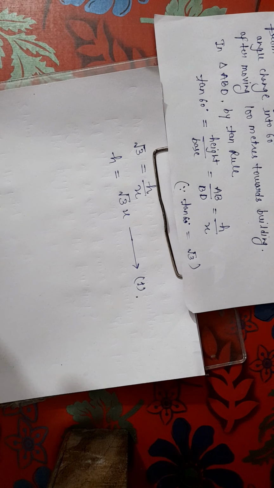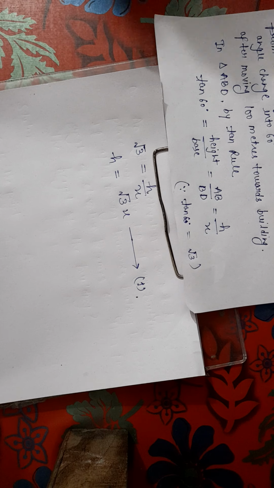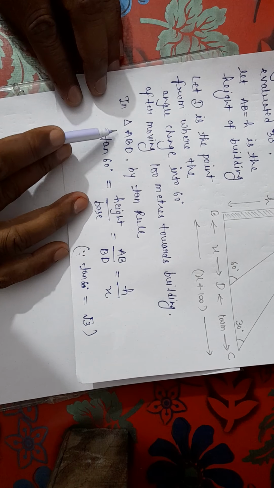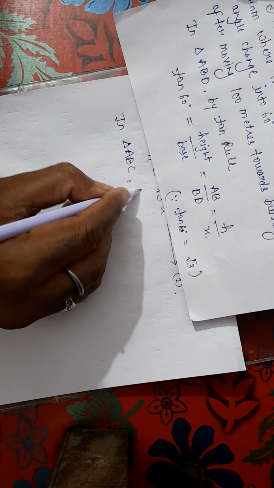Let's move forward. Now we have taken the triangle ABD. Now we will take the triangle ABC. So in triangle ABC, again by the tan rule.